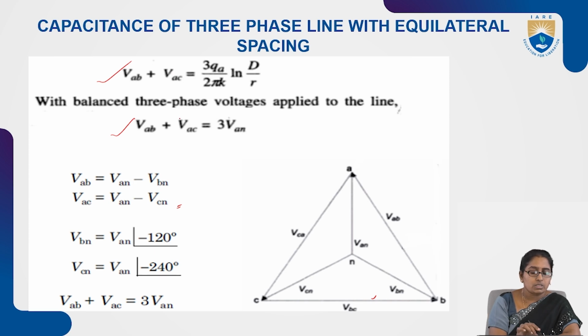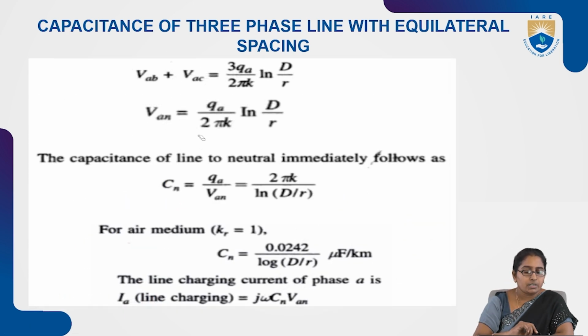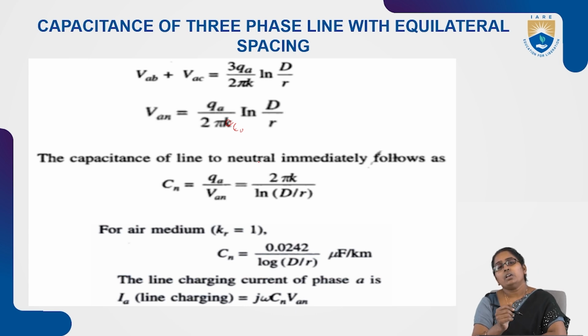Because the left-hand side terms are equal, VAN is equal to, the 3 gets cancelled, QA by 2 pi epsilon log of capital D by R. This is the neutral voltage in case of a three-phase line with symmetrical spacing.